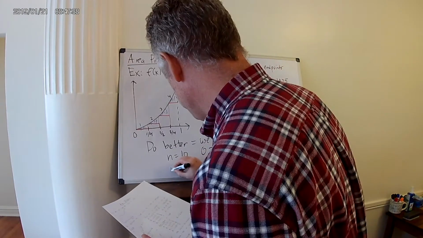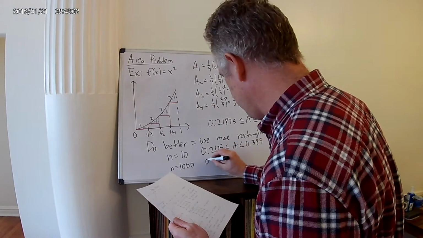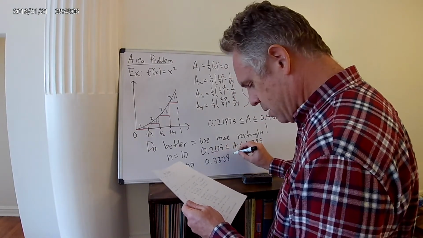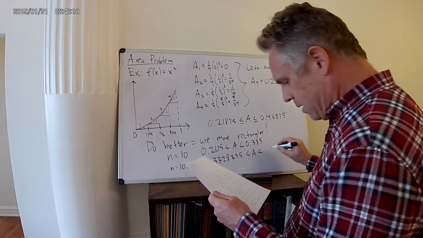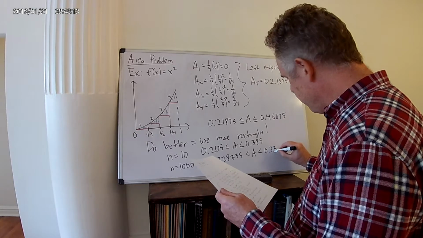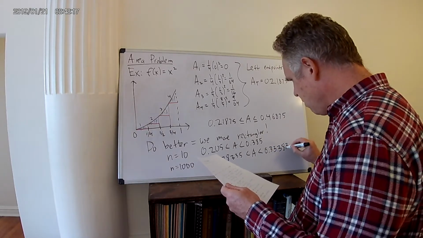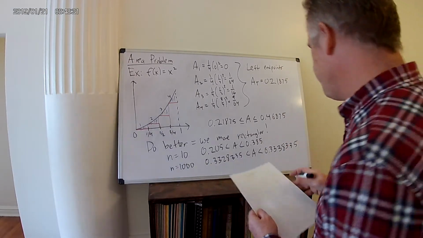If I use 1,000 rectangles, okay, I constrain my area by this amount. 0.3328335 less than area less than 0.33335. There's actually one digit difference here.